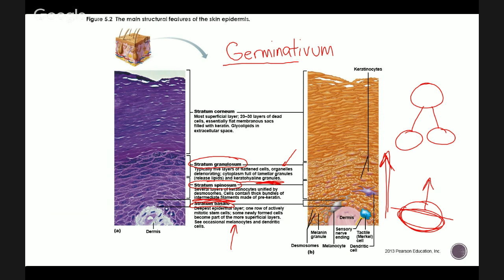And then we have the stratum corneum. It's what they call the horny layer because these cells are really flat. They're basically sacs filled with keratin, and they kind of look like they have horns on the end of them. They are basically flat keratinocytes.